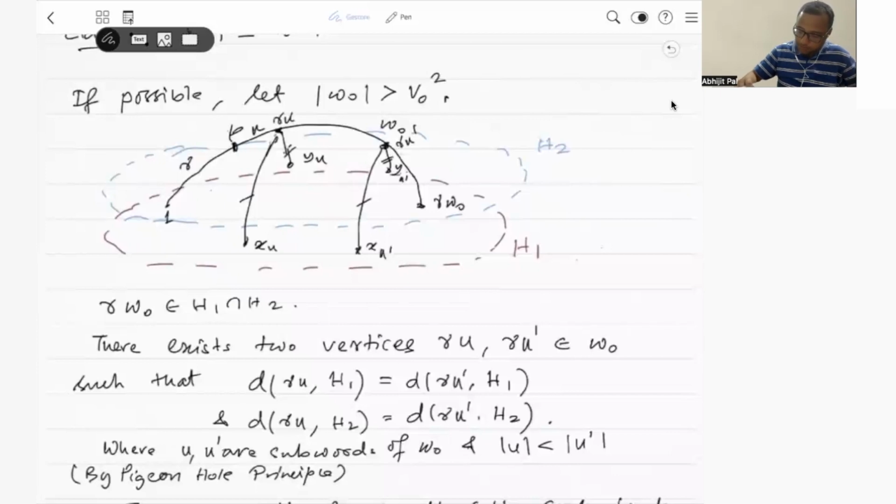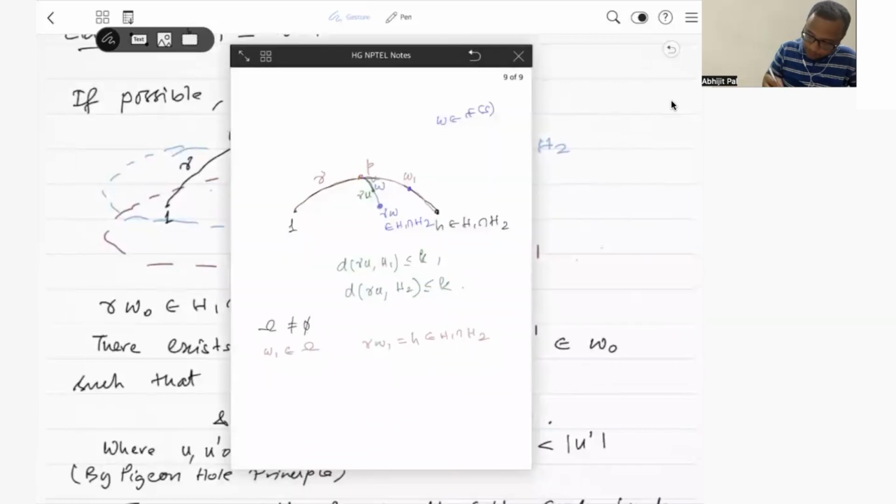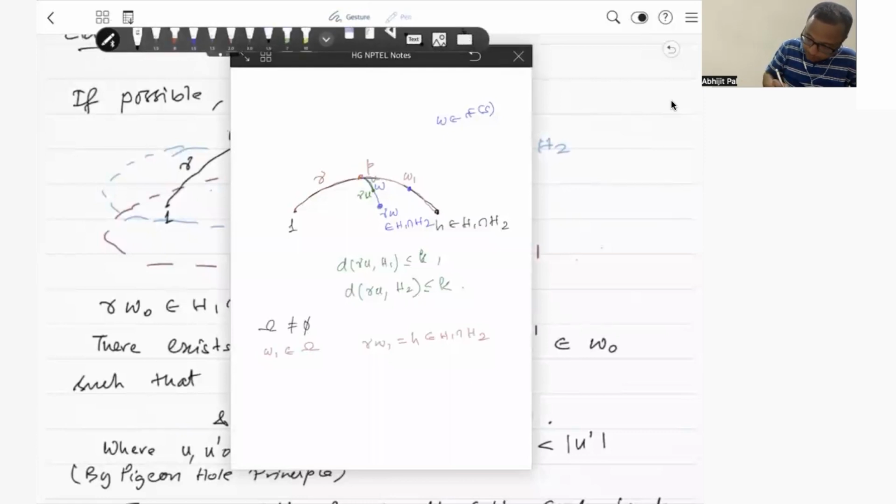So why is this true? Let us consider this function. The function is defined from the vertex set of this W naught to the Cartesian product of these two balls.